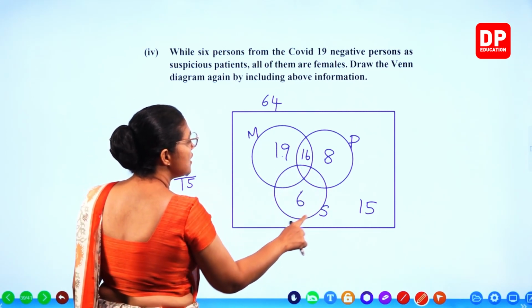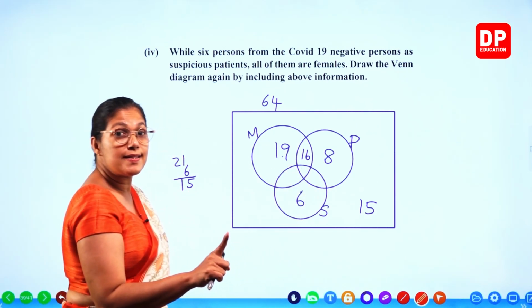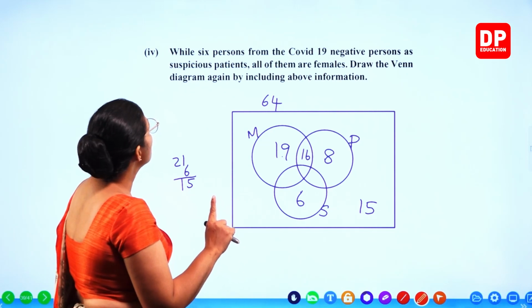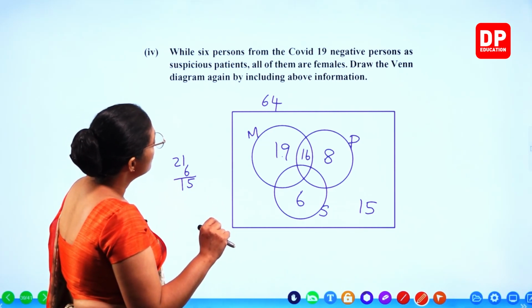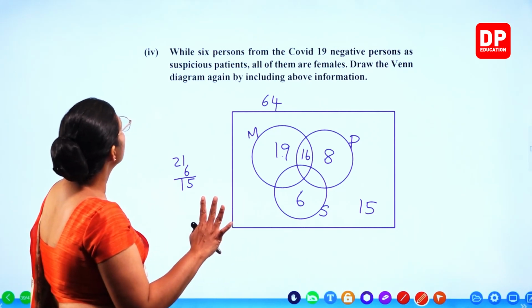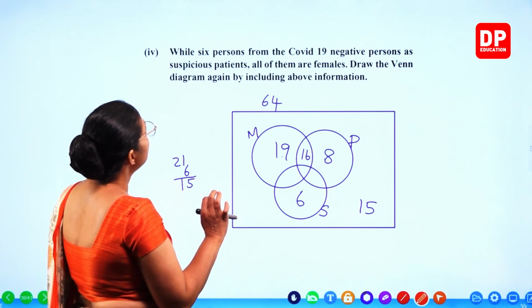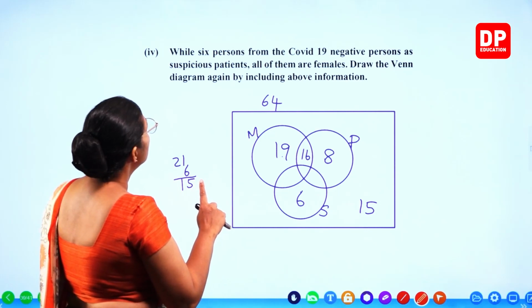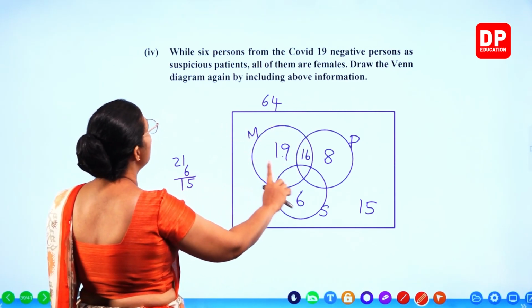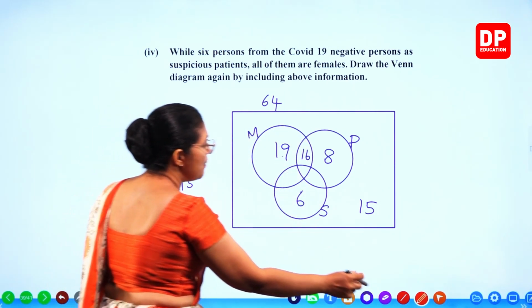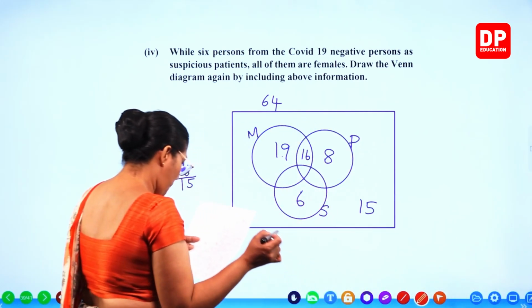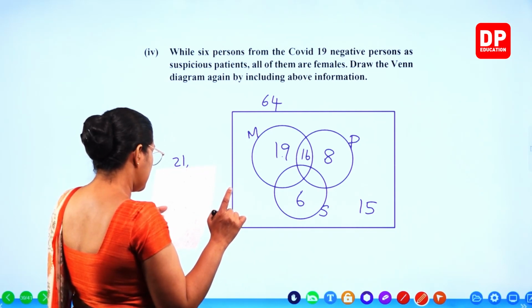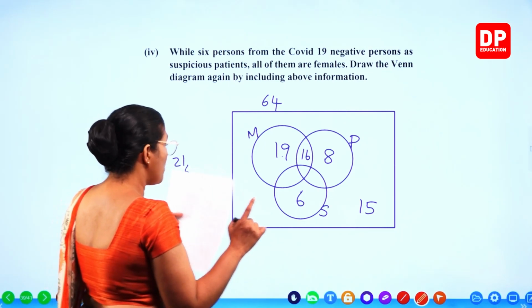It does not belong to this one because this is females, those who are suspicious for COVID-19. So that's the diagram. And now they're asking just to draw the Venn diagram. So how many marks you are getting for this Venn diagram? You are getting 2 marks.